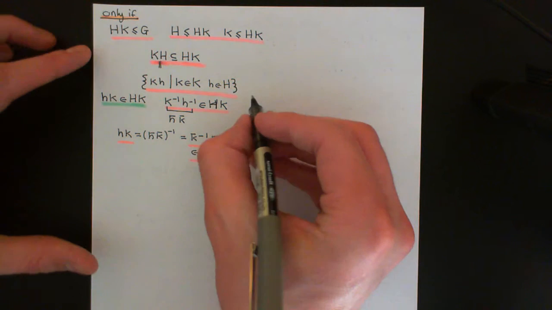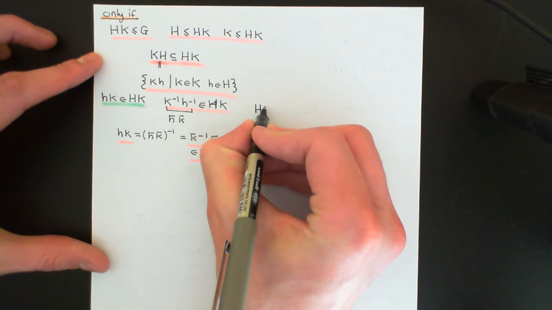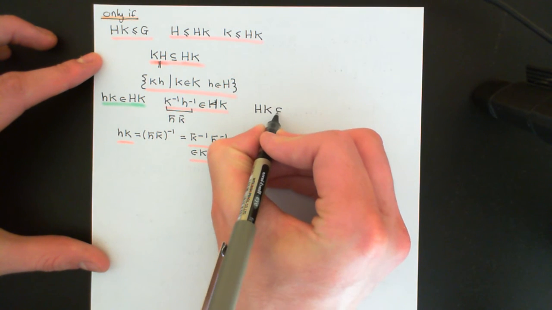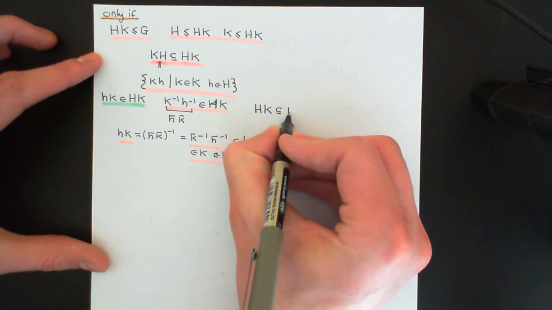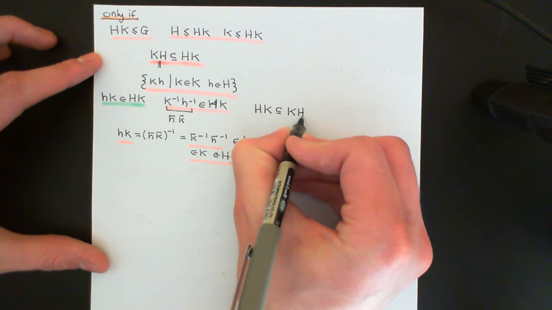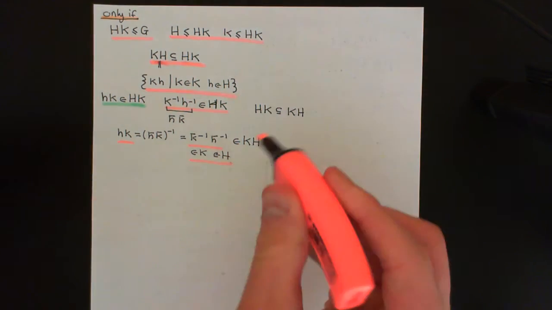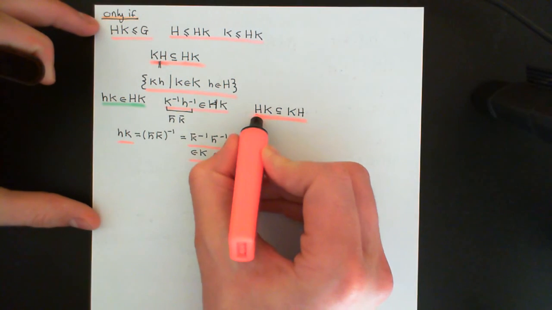So it'll apply for all elements of the product of capital H with capital K. So now that shows me that capital H producted with capital K is equal to the product of capital K with capital H. So this truly is true.